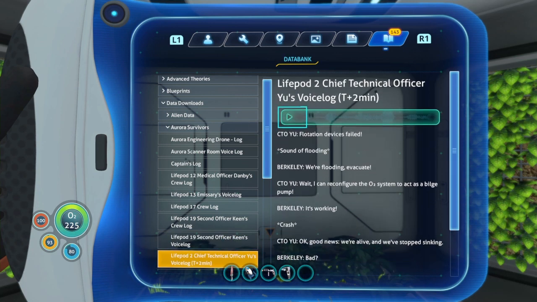Moving along, LifePod 2, Chief Technical Officer voice log. Flotation devices failed. We're flooding. Evacuate. Wait. I can reconfigure the O2 system to act as a bilge pump.